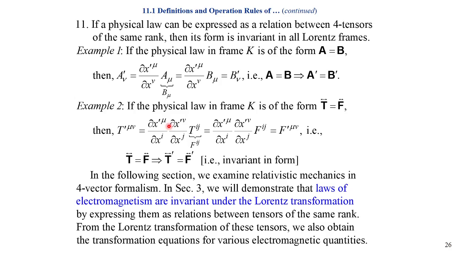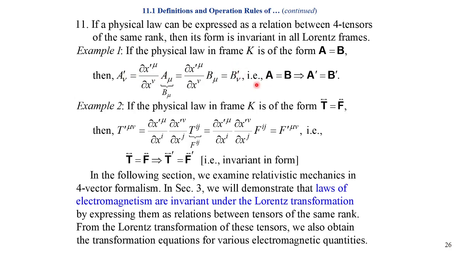Example one, if a physical law in frame K is in this form, A equals B, then in the prime system, we have A prime. We just write in the Lorentz transformation. And this one equals B. So after that, this one becomes prime, prime, prime.